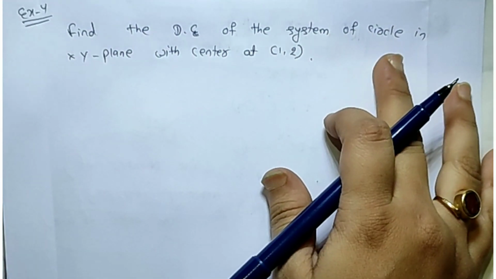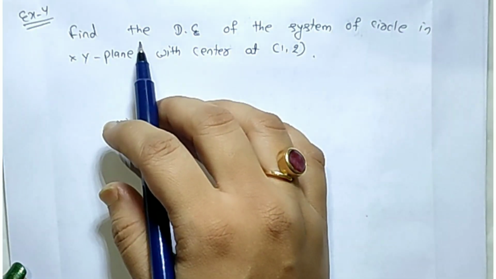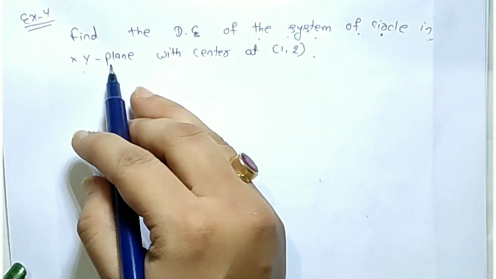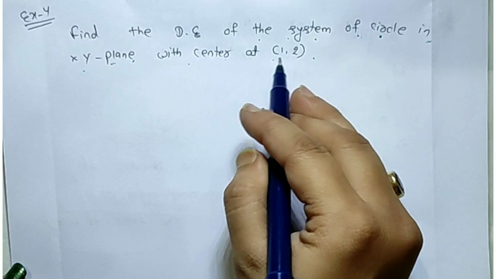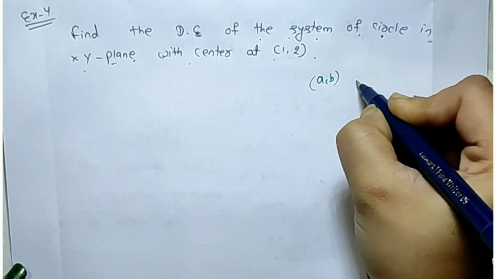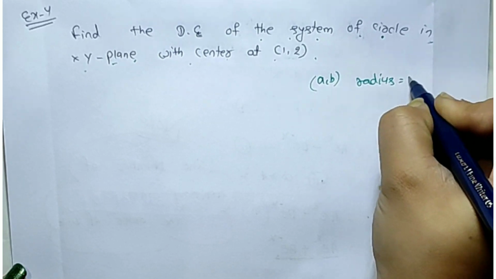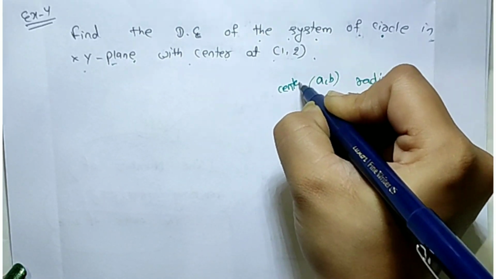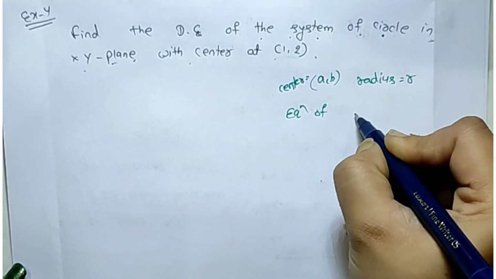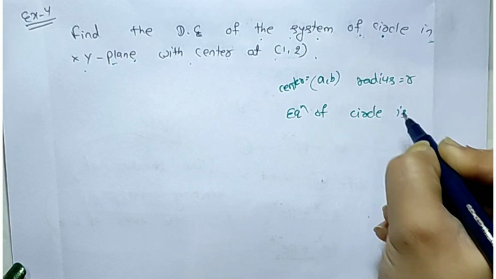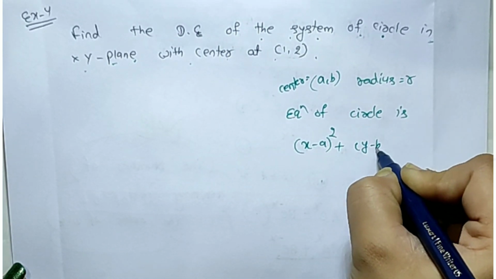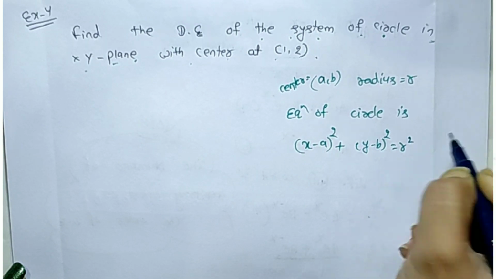This is the next example, example number 4. The question is: find the differential equation of the system of circles in the xy plane with center at (1, 2). We know if the center is (a, b) and the radius is r, then the equation of the circle is (x minus a) squared plus (y minus b) squared is equal to r squared.